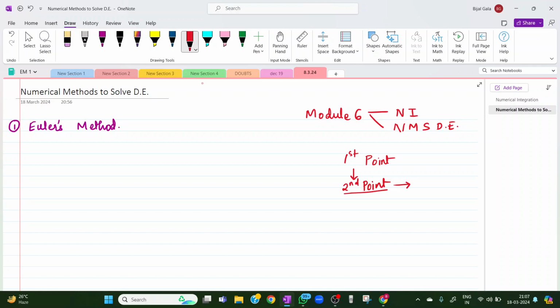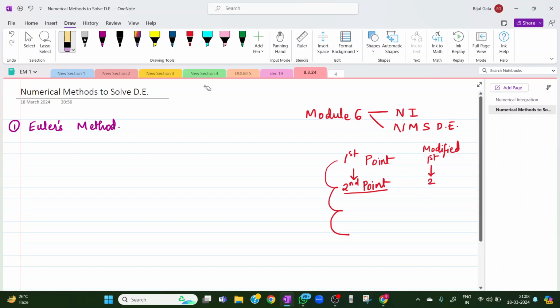I repeat, Euler's method goes first to second, second to third, third to fourth, and so on, and keeps finding the values. Whereas the modified method will have the first value, move to the second, but then second को refine करेंगे. Second की values को better and better approximate ढूंढेंगे. That's the difference between Euler's method and Euler's modified method.